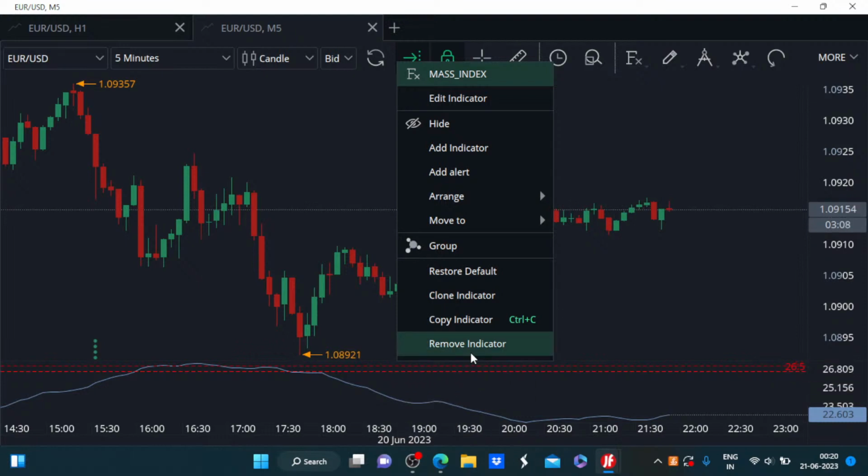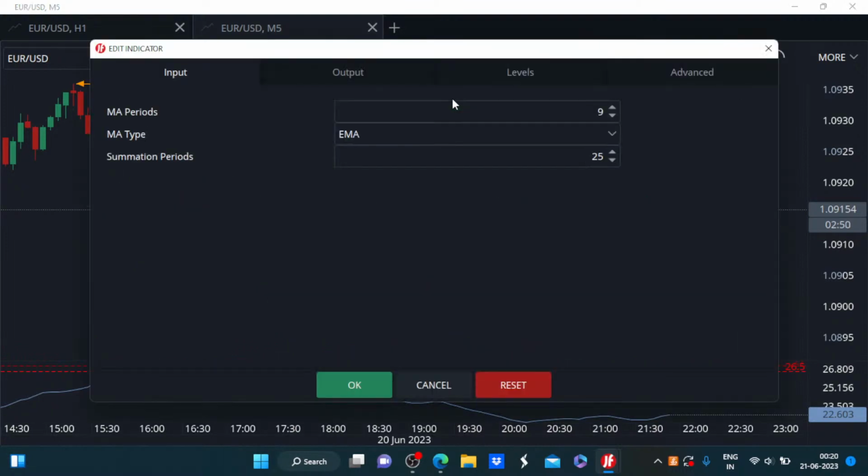And if you are looking for a new trade system development, you can take advantage of this indicator for designing a new system as well. For editing, you can vary the EMA's calculation rate as well as the summation's calculation rate. So all these options are provided.